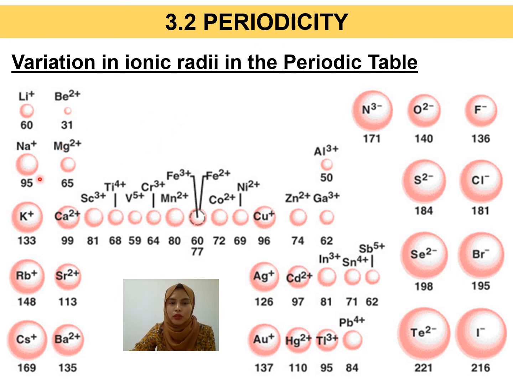The same goes for period 2. Cation ion will always be smaller than anion. But you will also always know that down the group size increases, across the period size decreases. But if we are talking about ionic radii, about ions, an anion will always be bigger than a cation ion.